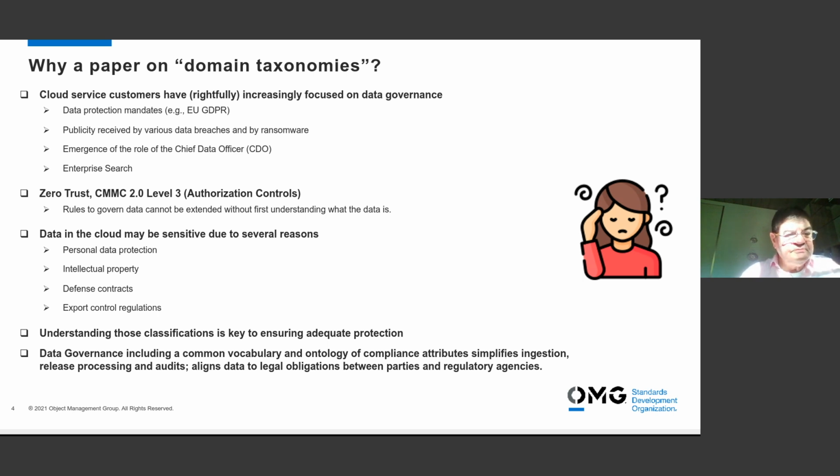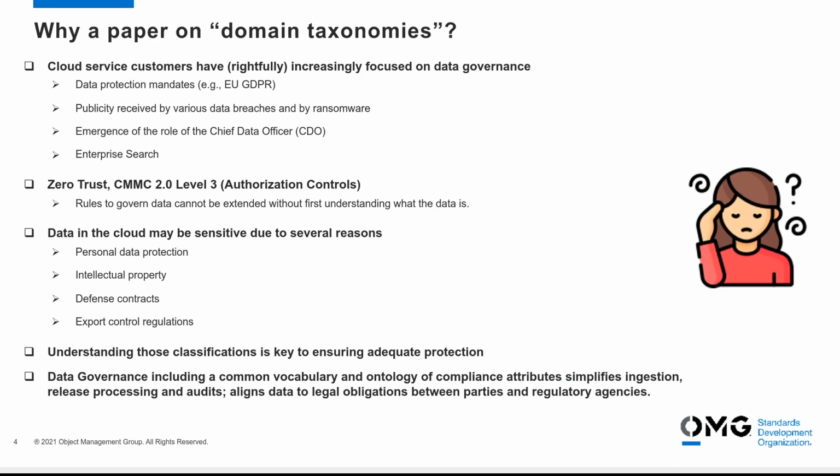Thank you, Claude. And thank you for setting this up, Katie. So why did we do a paper on domain taxonomies? We did it for three primary use cases. One being that folks in the cloud are more and more focused on data governance today. And because they're focused on data governance, the use cases we see are interoperability between cloud providers and the ability to find the information they need.